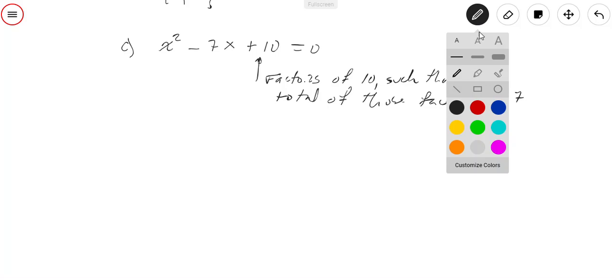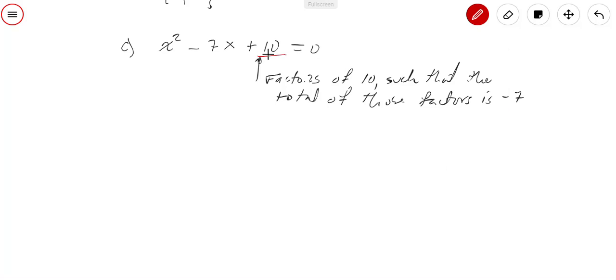So for 10, we're looking for the factors of this number, the constant c, such that the total of these two factors, when we add those factors, we get minus 7, we get b. Remember, this is ax squared plus bx plus c equals 0. This is the form of a quadratic equation, the standard quadratic form.